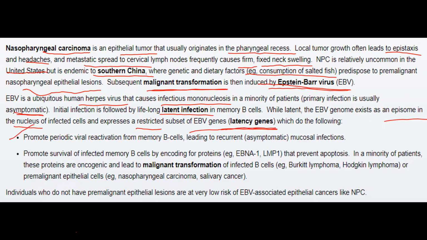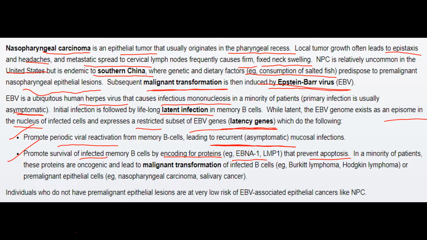First, it promotes the periodic viral reactivation from memory B cells, leading to recurrent or asymptomatic mucosal infections. Second, it promotes survival of infected memory B cells by encoding for proteins like EBNA1 or LMP1 that prevent apoptosis.